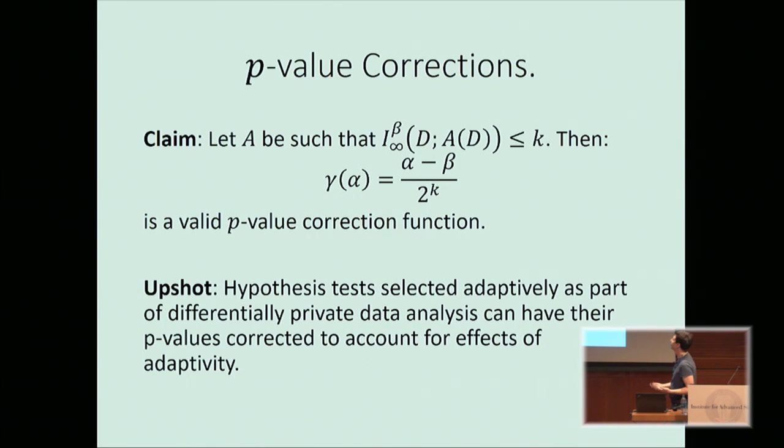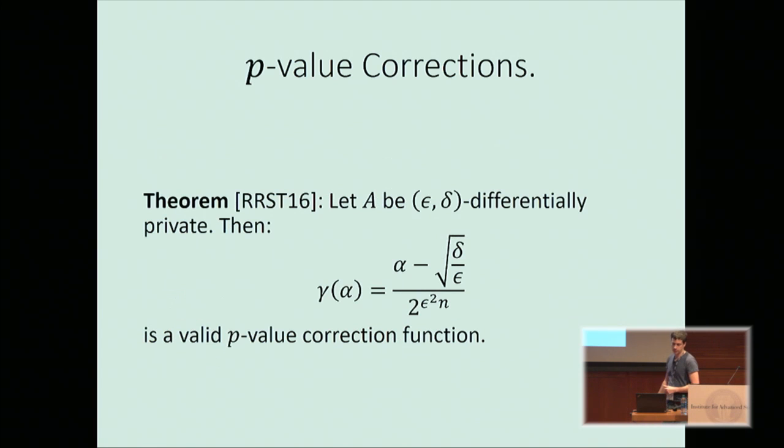They don't have to be based on linear functionals. If your access to the data is limited to a differentially private procedure, then you can correct for the effects of adaptivity and still result in statistically valid inferences, okay, with some particular parameters.